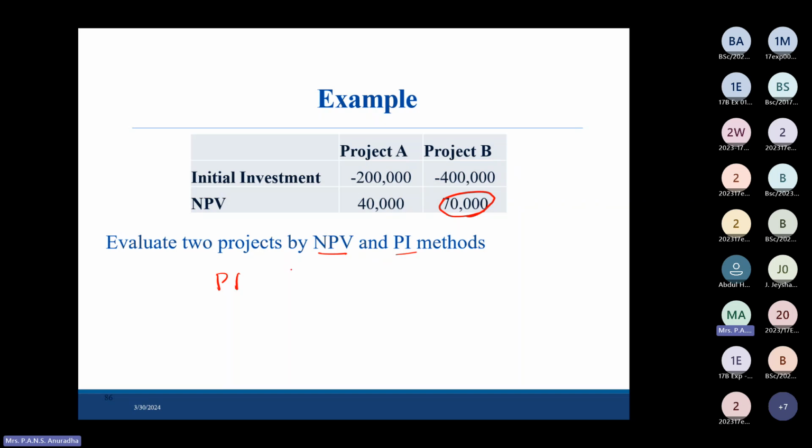Profitability index is the present value of the cash inflow divided by the cost of the project. For project A, how much is the present value of the cash inflow?